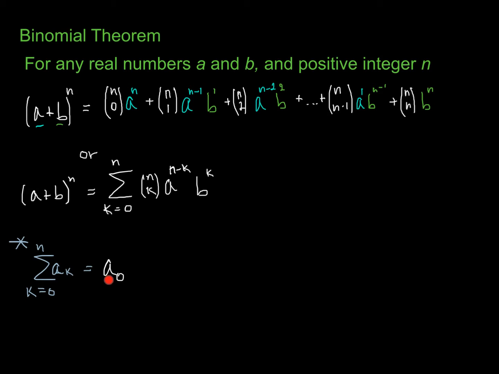Once you've evaluated that expression for k equals 0, you then increase k to be 1, or 1 higher than what it was before. You plug that into your expression, and you add it to what you had before. So we'll add a sub 1. And you keep doing this, so we'll then have a sub 2. You keep doing this all the way until your k value is equal to n. Okay?